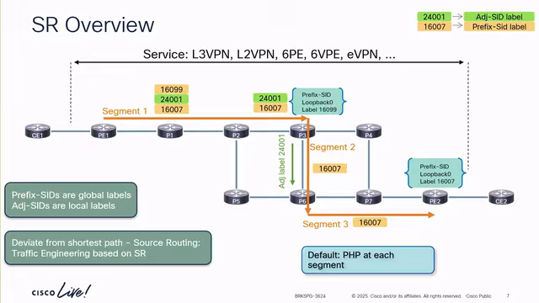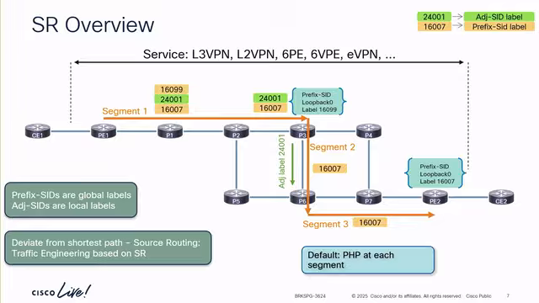Again, penultimate hop popping, removes the label, forwards the packet with the remaining label stack to P6. And then P6 just looks at the label value 60,007 and says, okay, I know this label, that's the label of P2, and every router along the last segment will forward the packet to P2.